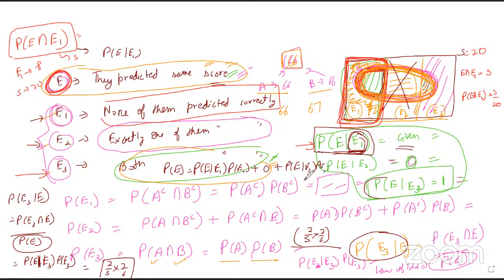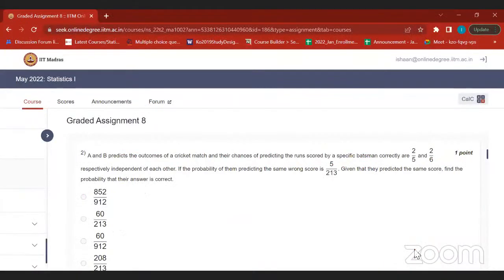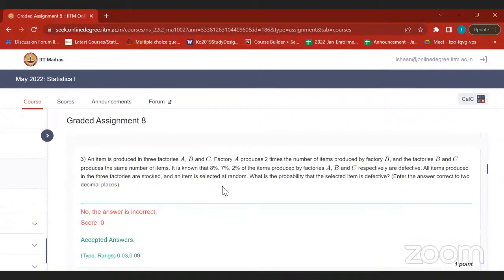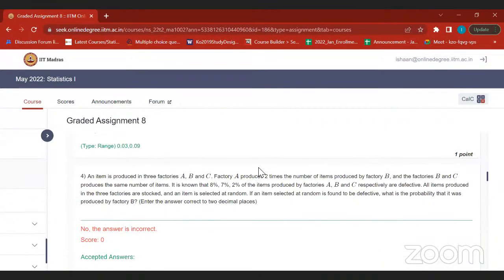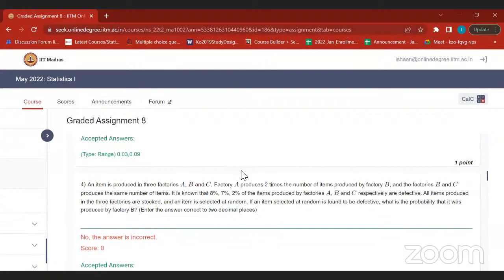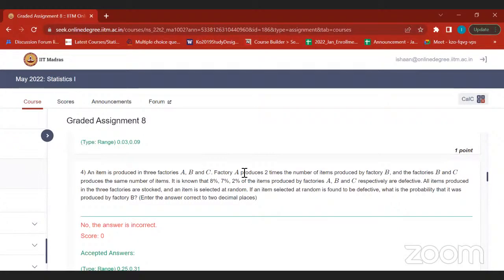You have all this information, right? We are clear now? Okay, question number 3, I think we just did, right? 3 and 4. The fourth one, I have done the third one correct, but my answer for the fourth one is coming wrong.